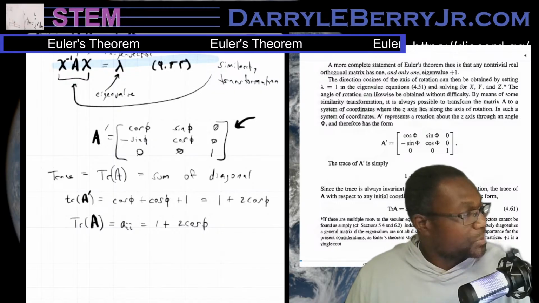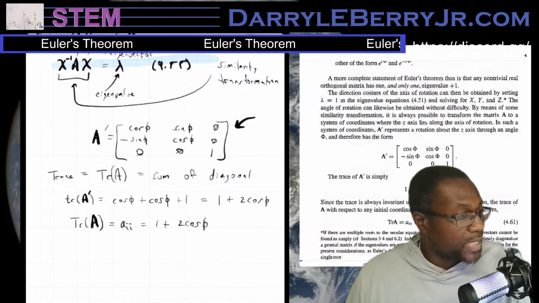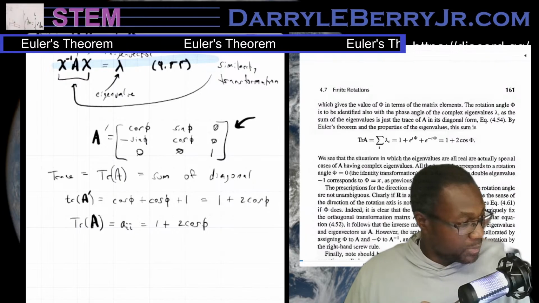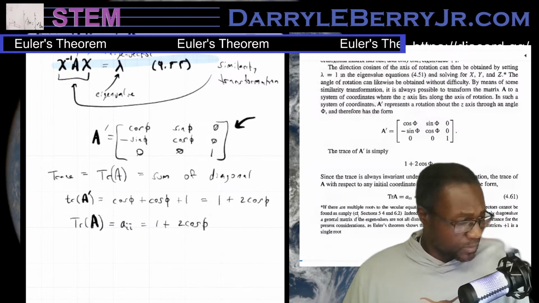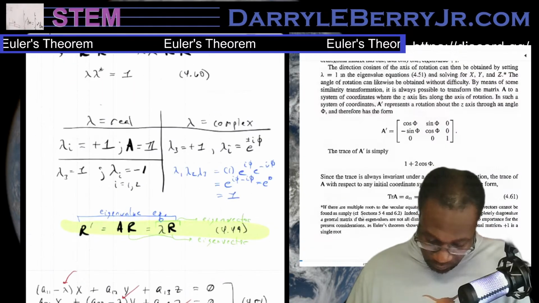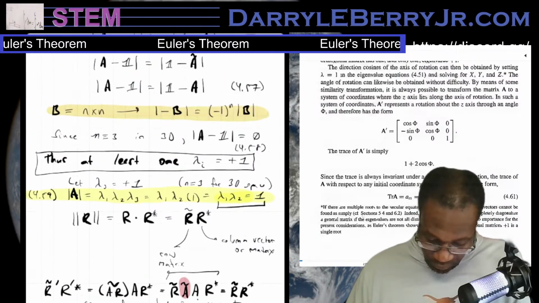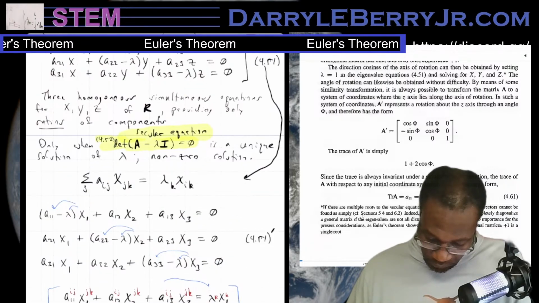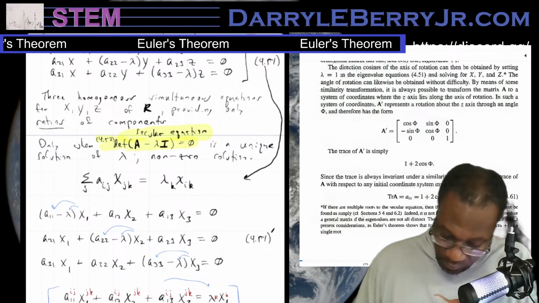Oh, and I missed an asterisk, which I rarely do. There's an asterisk on this Z right here. So I'll read this asterisk while any questions or comments come up. If there are multiple roots to the secular equation, which is this, let me copy this down.